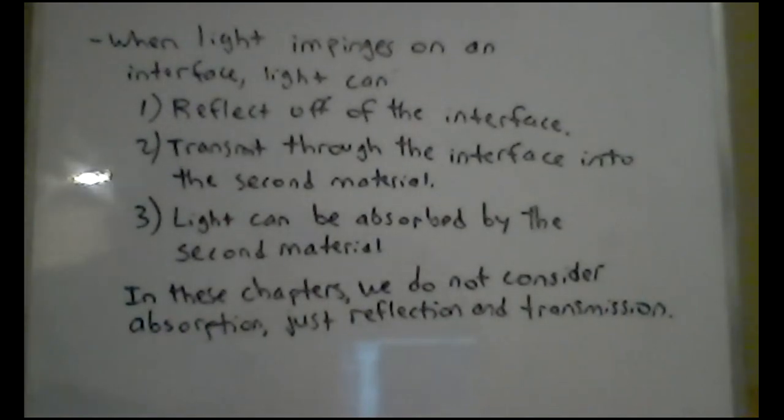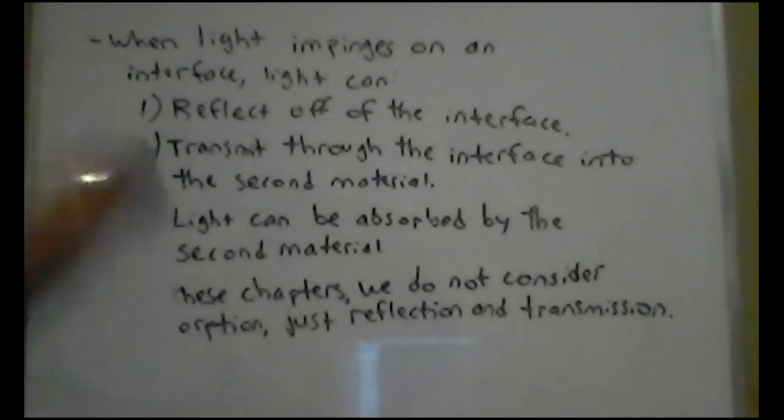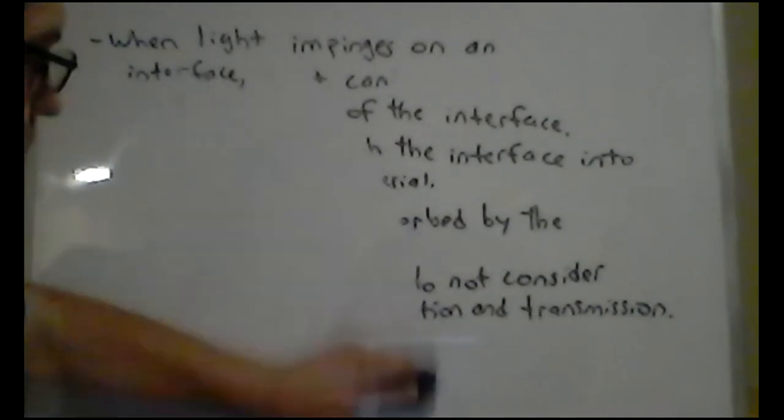Okay, so let's consider light interacting at an interface. When I talk about an interface, I'm talking about light that is currently in one material, let's say air, going into or reflecting off of a second material. It could be glass, could be water, whatever. There's an interface where it goes from one material to the other.